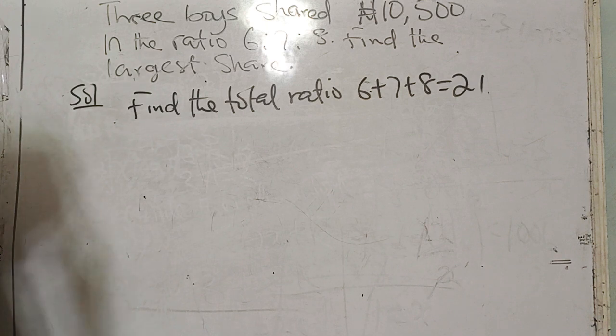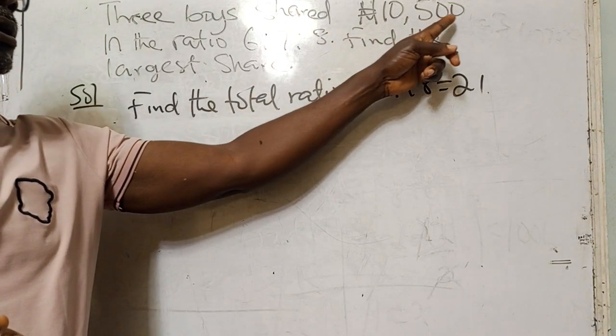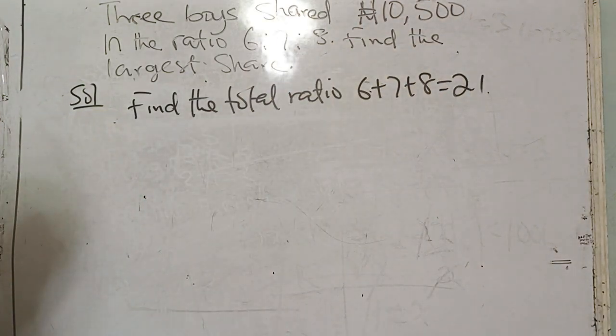Now we use the total ratio to divide the amount that we have, so that we can find the amount for one part. When you use 21 to divide, it means we are looking for just one part.